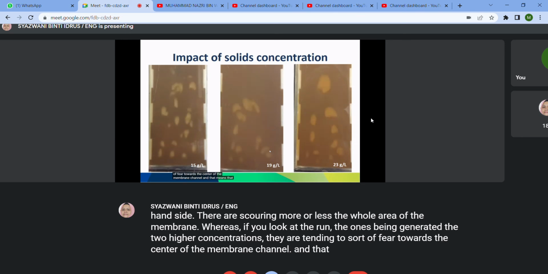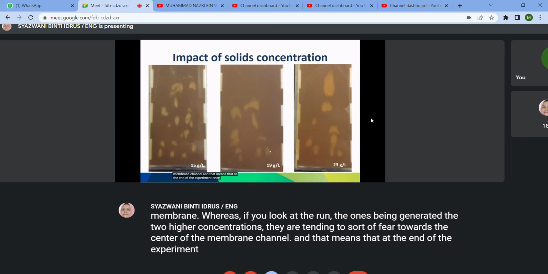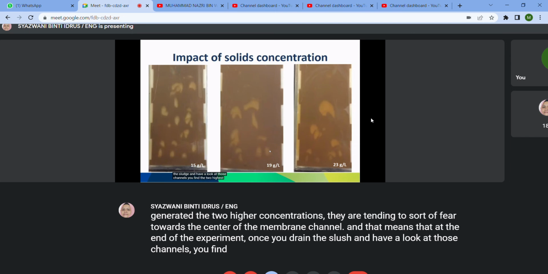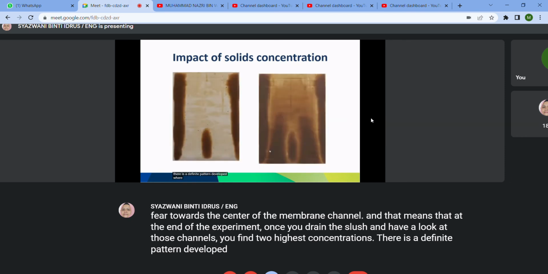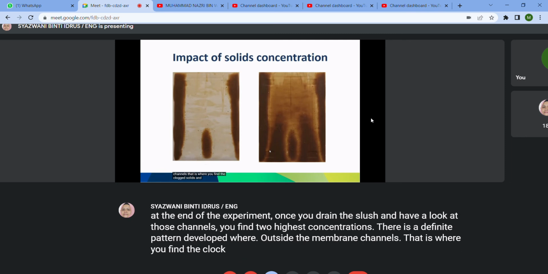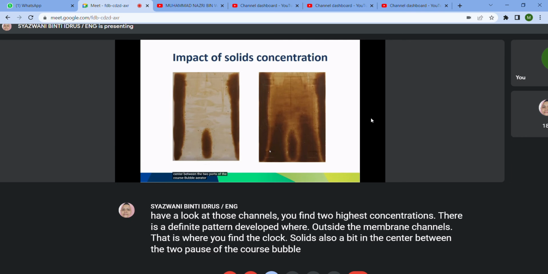And that means that at the end of the experiment, once you drain the sludge and have a look at those channels, you find for the two highest concentrations there is a definite pattern developed where at the sides of the membrane channels is where you find the clogged solids, but also a bit in the center between the two ports of the coarse bubble aerator.